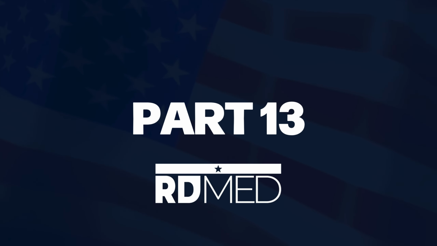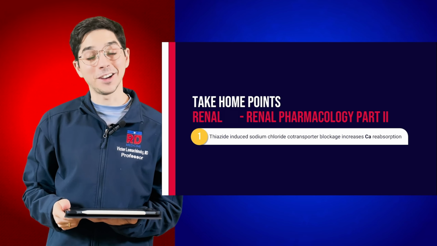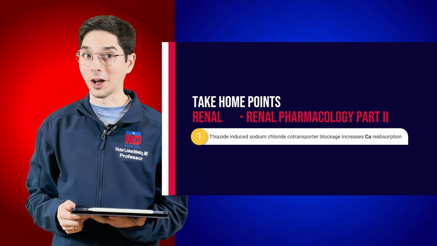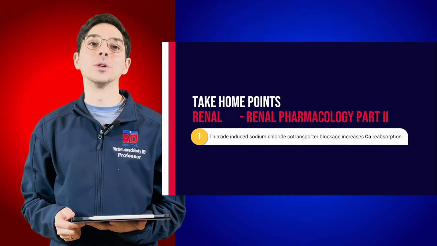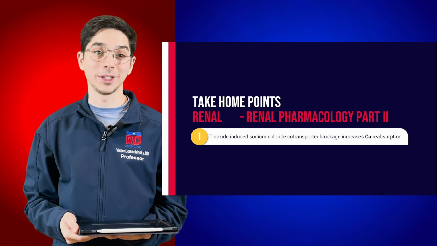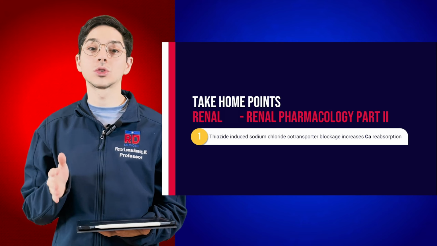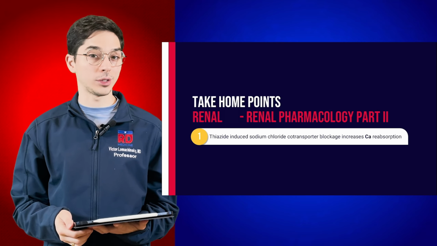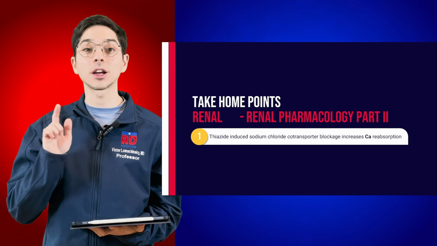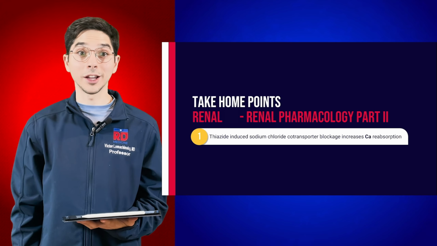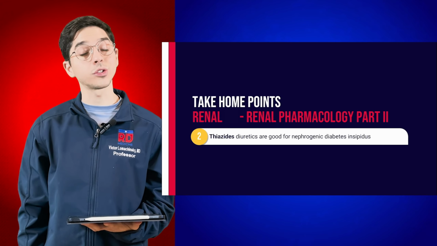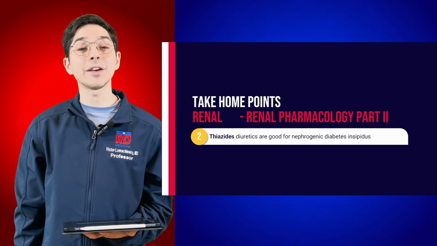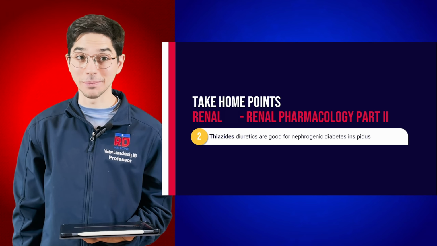Part 13. Welcome to the take-home points of renal pharmacology part 2. So, for our first take-home point today, thiazide-induced sodium chloride cotransporter blockage increases calcium resorption. Thiazide diuretics are also indicated for nephrogenic diabetes insipidus.